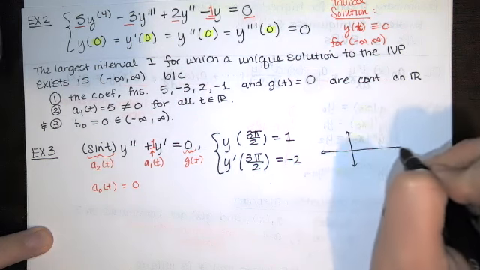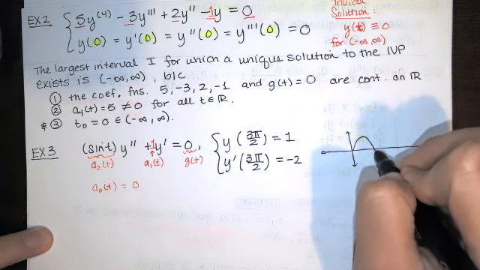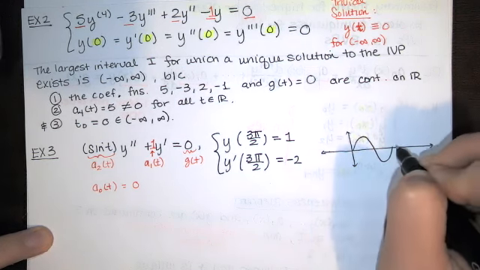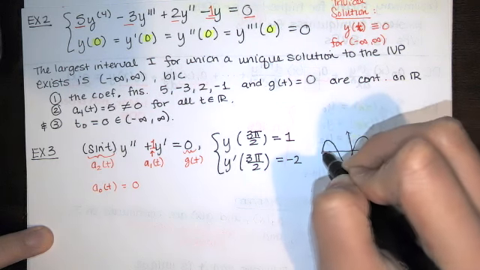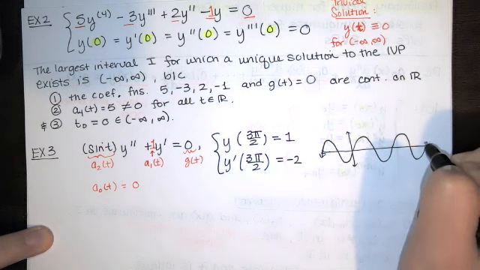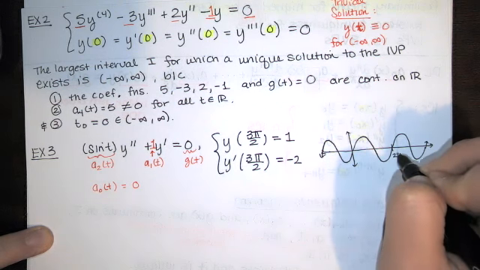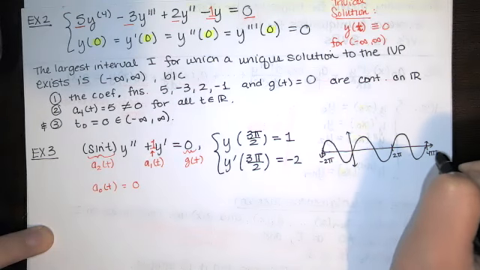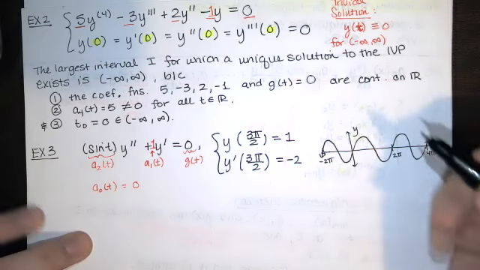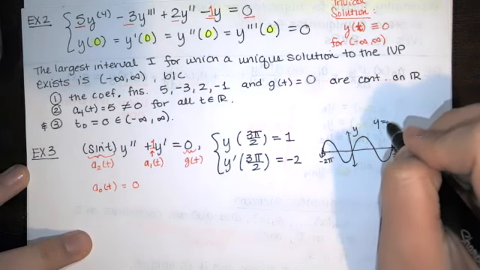Remember how that works. The sine function looks like this, and it repeats every 2 pi. And it goes on forever in both directions. So this is the t-axis, and that's the y-axis, and this is y equals sine of t.